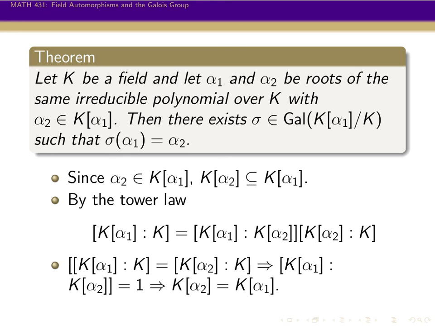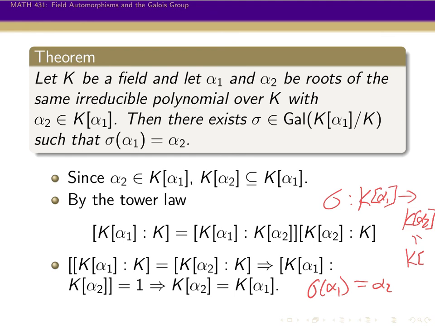And so this sigma that sends alpha 1 to alpha 2, where sigma was going from K adjoin alpha 1 to K adjoin alpha 2, well, since sigma is an isomorphism and K adjoin alpha 1 and K adjoin alpha 2 are the same field, this is in fact K adjoin alpha 1.